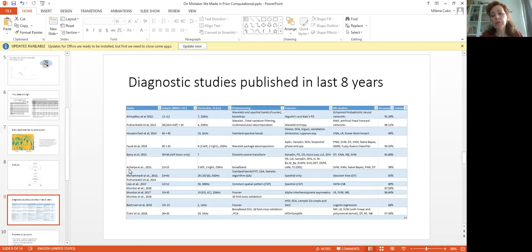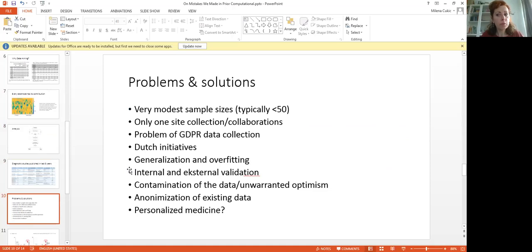This is just a table of the research we commented on in this work, but I'm not going to spend time here because you can read that in your materials. The most important problem is, for example, very modest samples. The majority of them are less than 50, and we advise larger samples to improve the accuracy and realistic application of research, which can be done through collaboration between several sites or using other people's already used recordings.